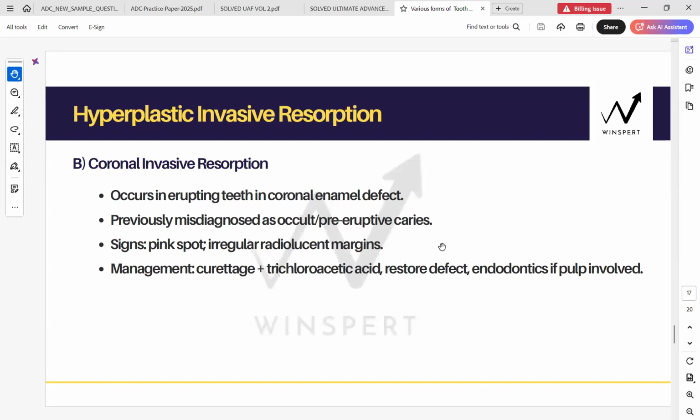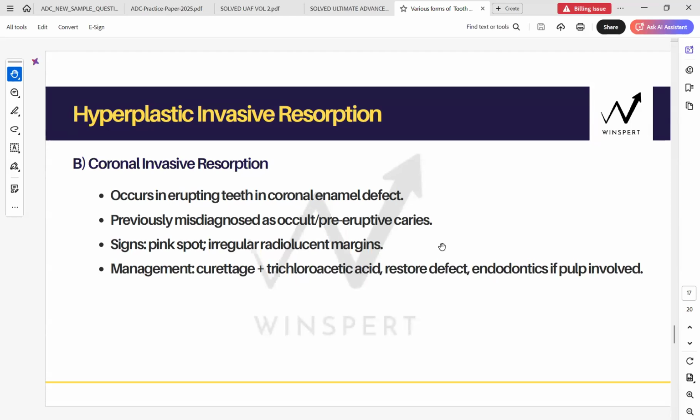And whether you're doing external approach or internal approach, the tissue is removed by use of 90% aqueous trichloroacetic acid to create coagulation necrosis, then curette it. And then if you're doing externally and pulp is not involved and healthy, then you will not do endo.